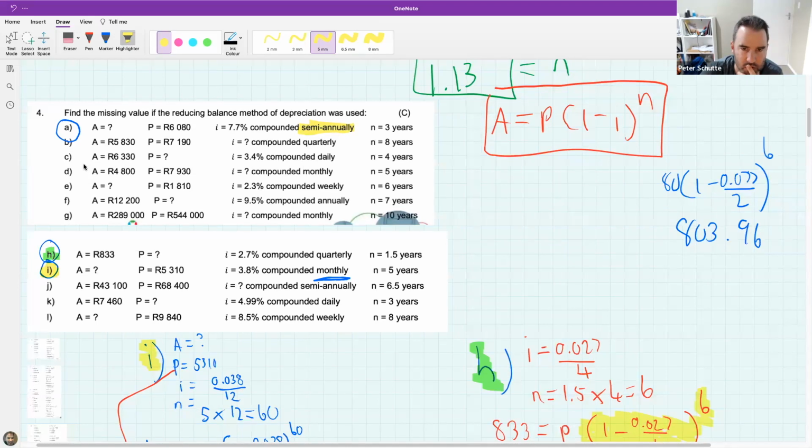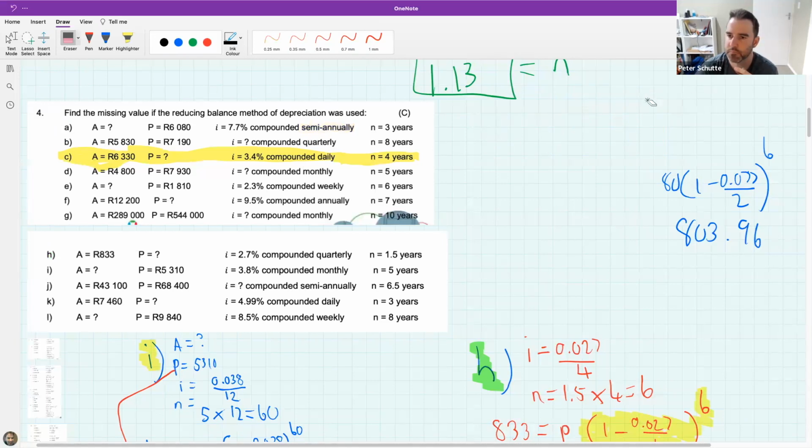I think we can have a look at C. Now, if you're compounding daily, 365 is going to be the important value that's going to help you. So see if you can do question C, the one that I'm highlighting in yellow at the moment. And then I think it's time for a bit of a break.